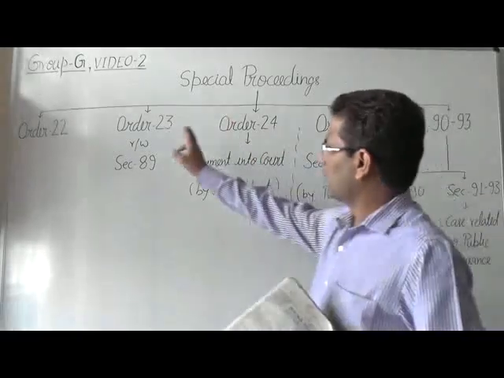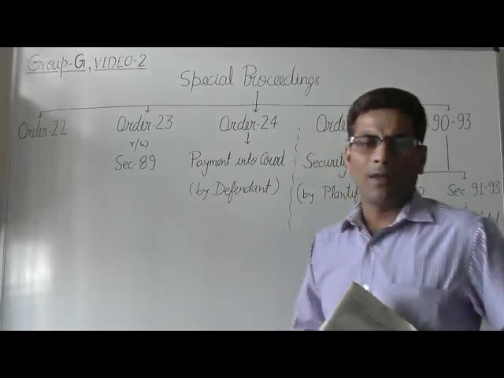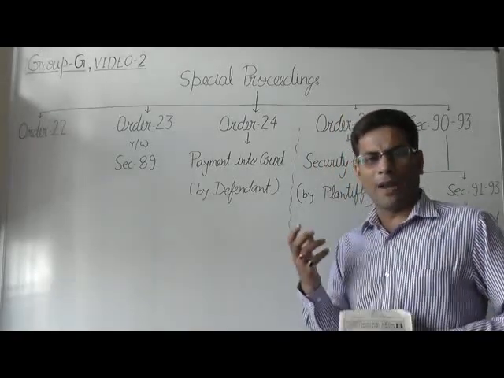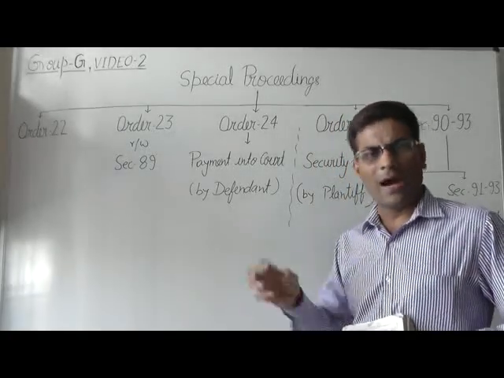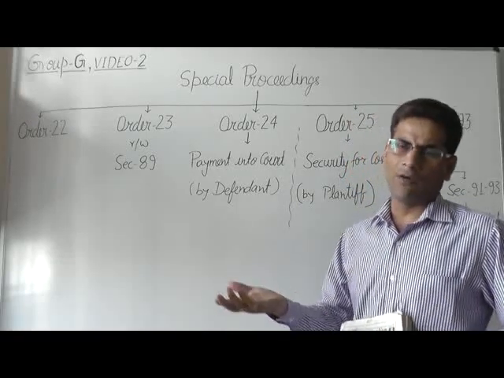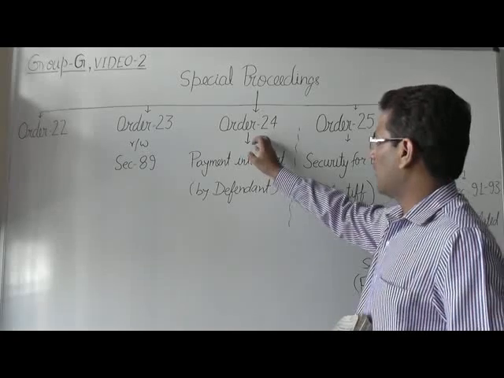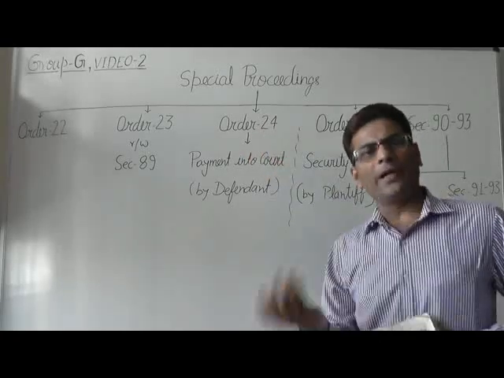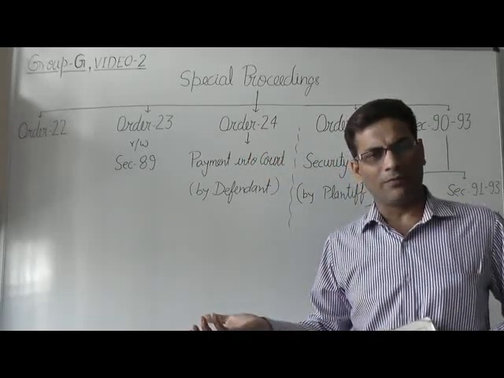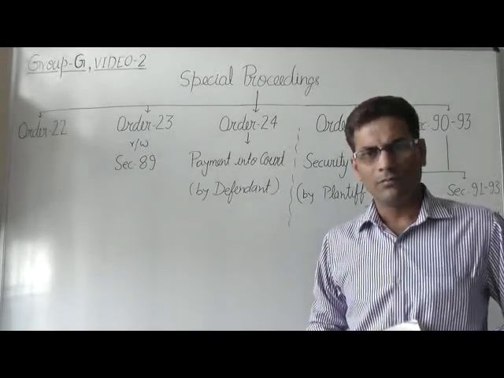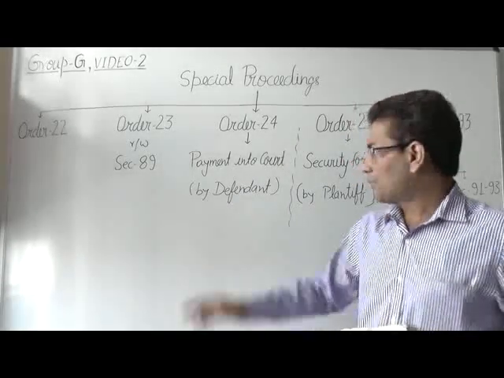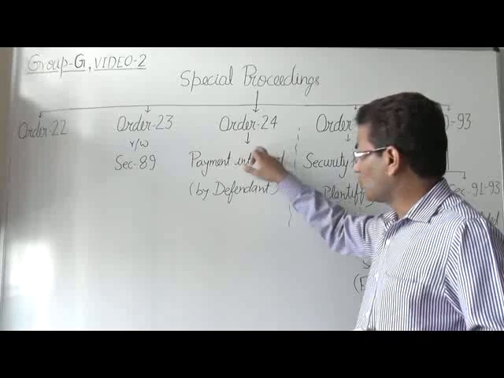Just as under Order 23, a plaintiff may withdraw his claim at any time before pronouncement of judgment, on the other hand, under Order 24, the defendant can pay the claimed amount at any time. But here, the defendant cannot be ordered to pay the amount.